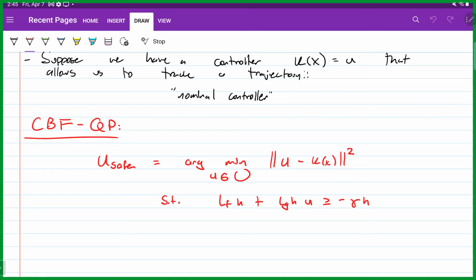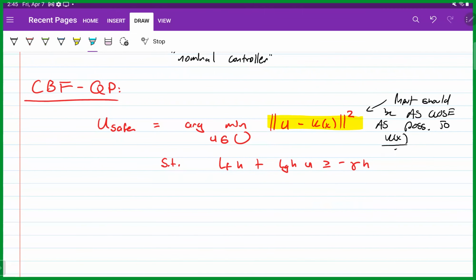Okay, so here's what we're saying. The safe input to our system, the best possible safe input, should be the input to the system that's as close as possible to this nominal input K of X, while at the same time ensuring that this constraint is satisfied.